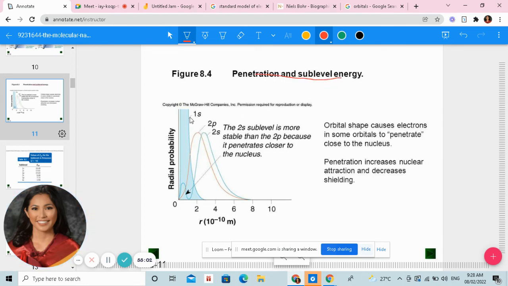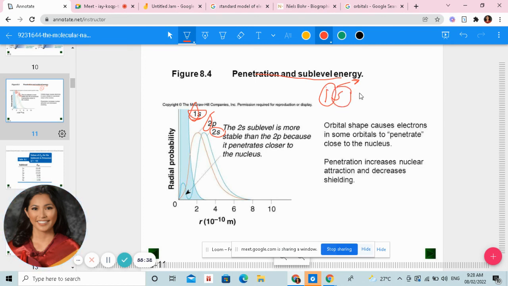Okay. So, who is more penetrated, 1s or 2s? Remember, what is this 1? If we have 1 and then s, the 1 is your shell, the energy level, the first shell.